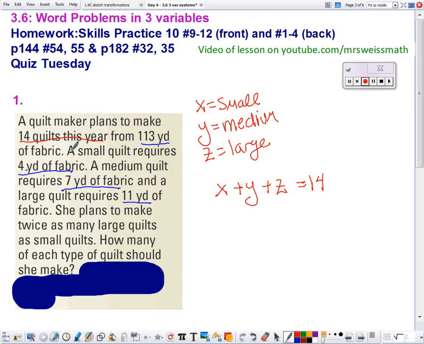So if it's 4 yards for small, that's going to be 4x. And 7 yards for medium is 7y. And 11 yards for large is 11z. And we need a total of 113 yards.